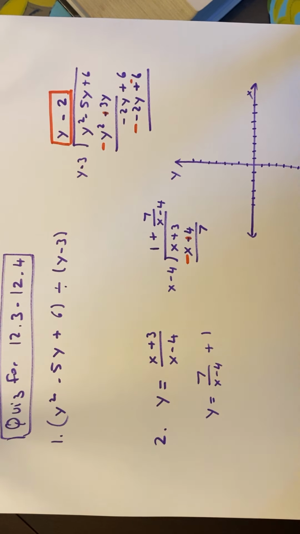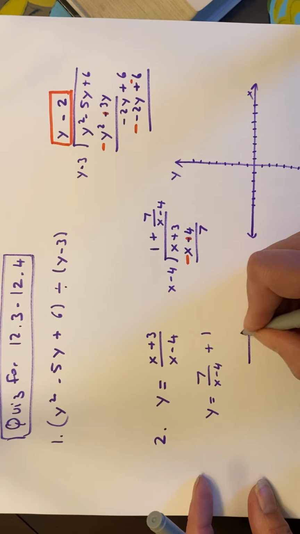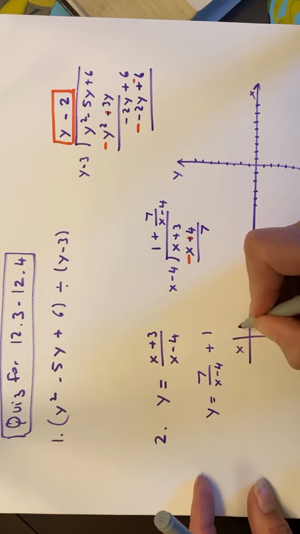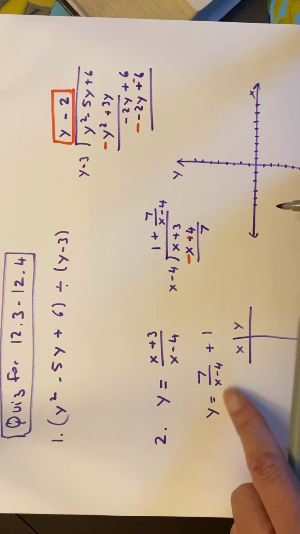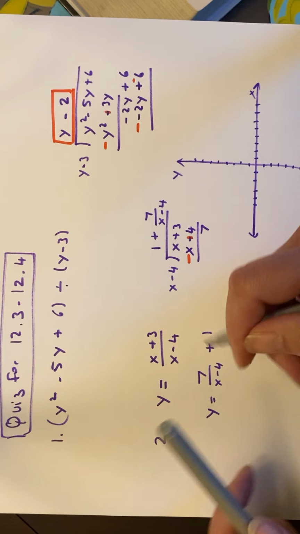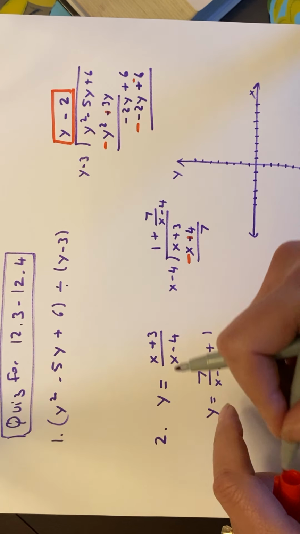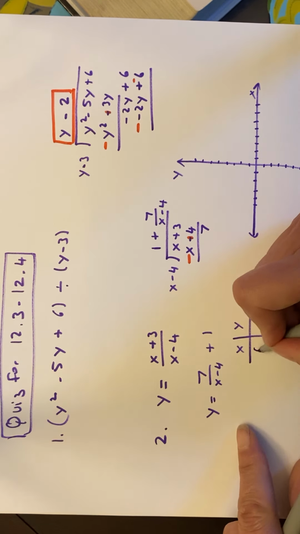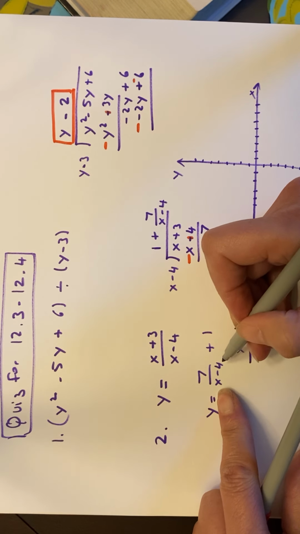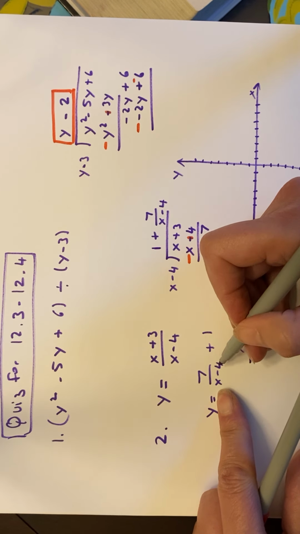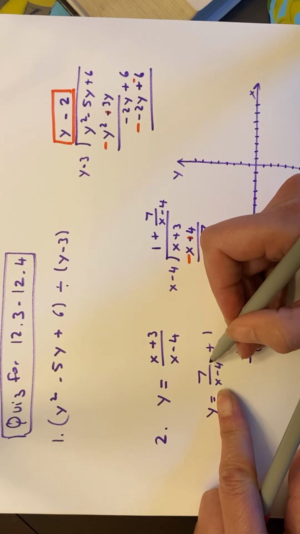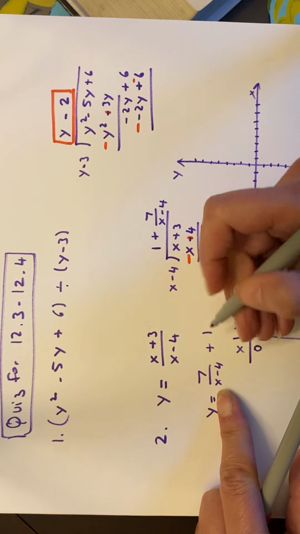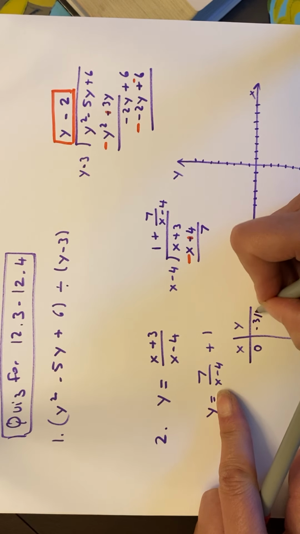Okay, so I have to do my table. If x is 0, I'm going to get negative 7/4, which is negative 1 3/4, plus 1, so negative 3/4.